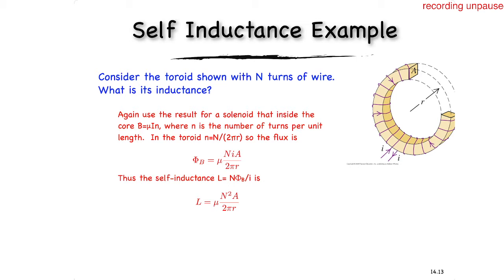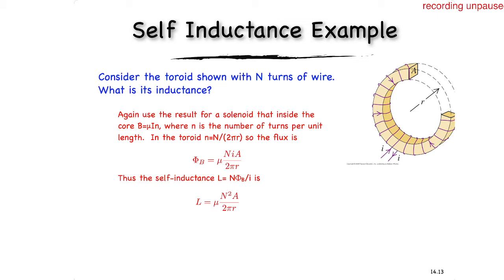And a toroid is just a long solenoid that we wrap into a circle. Okay, so n was the number of turns per unit length. So we're going to say that's N, the total number of turns, divided by the length, which is 2 pi r, right? The circumference of the circle. That's essentially the length of our solenoid that got wrapped into a circle.